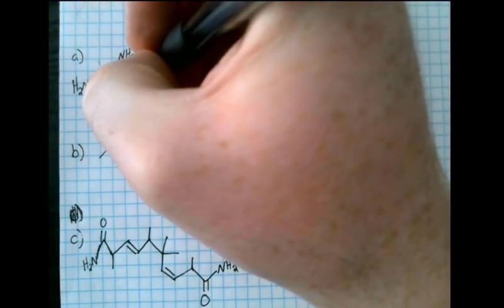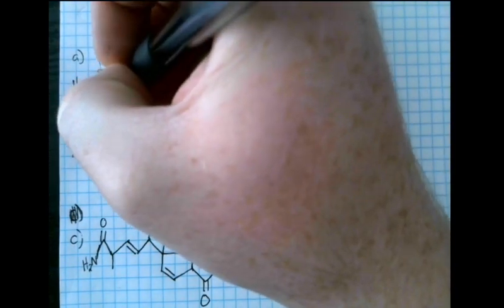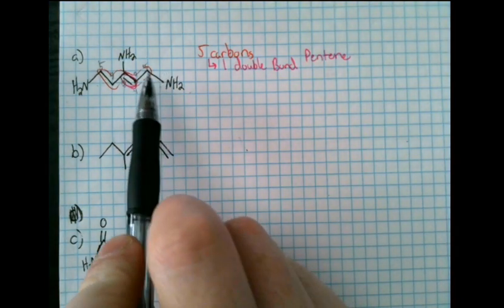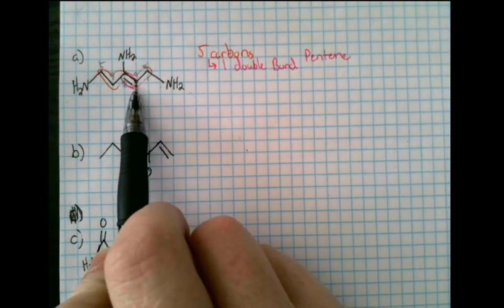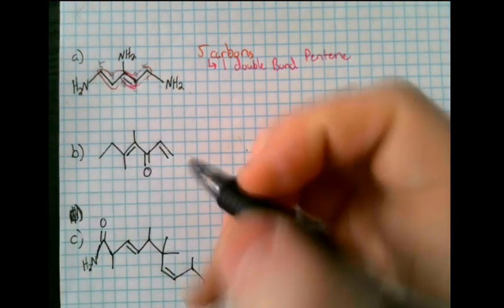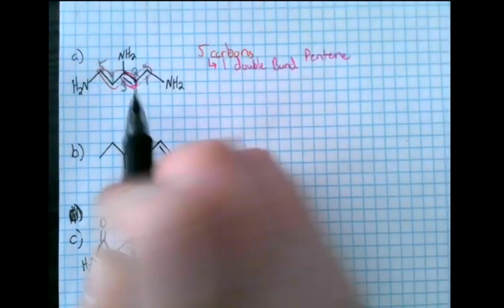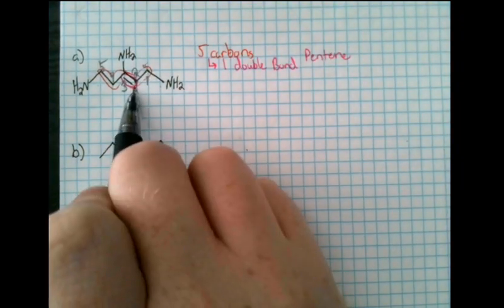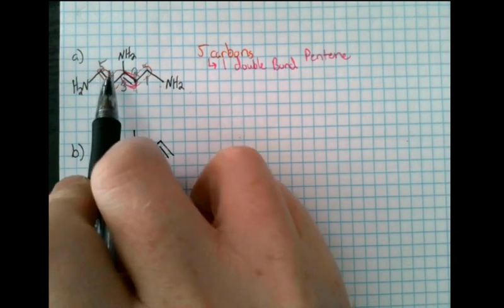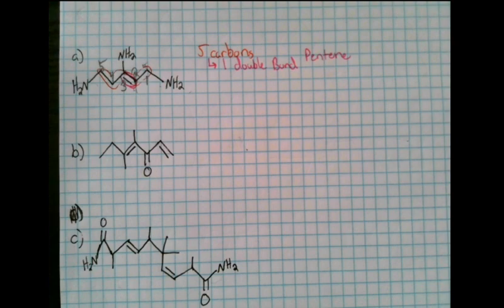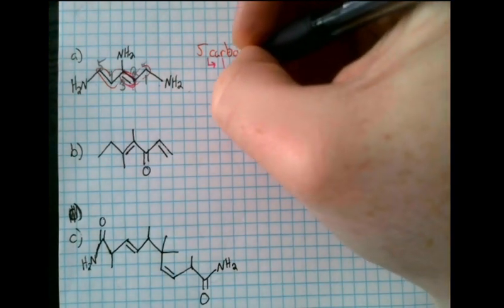If we numbered from the other direction, 1, 2, 3, 4, 5, we would have something on positions 1, 2, and 3. So we're actually going to number from this direction, because that will put our double bond starting on carbon number 2, which is earlier than if we did it here, where it would be starting on carbon number 3. So this will be on carbon number 2.